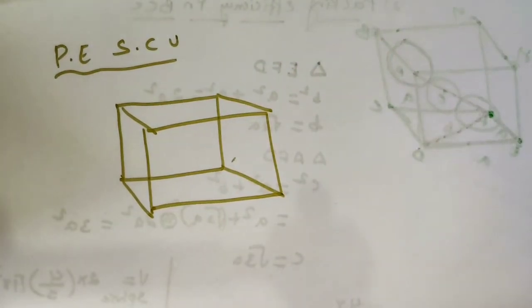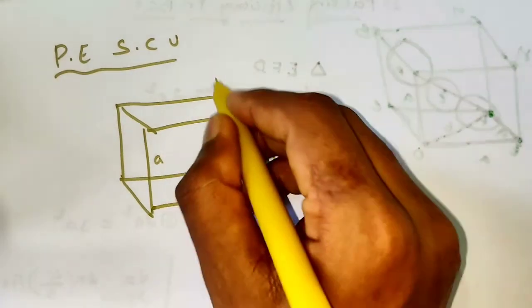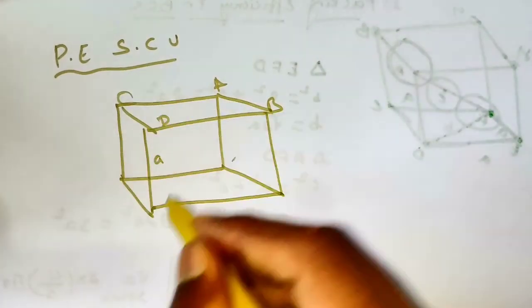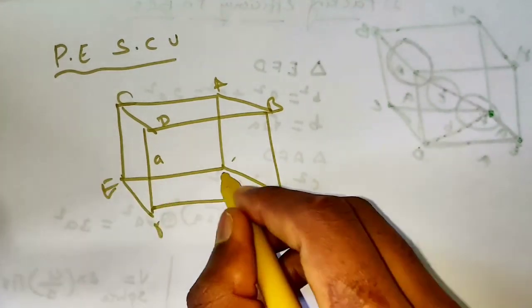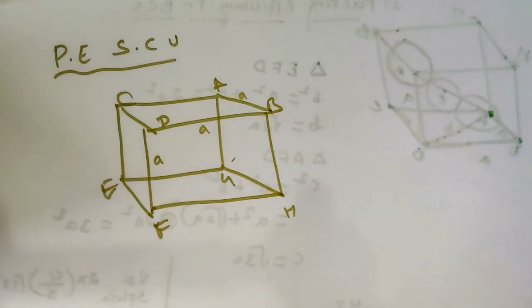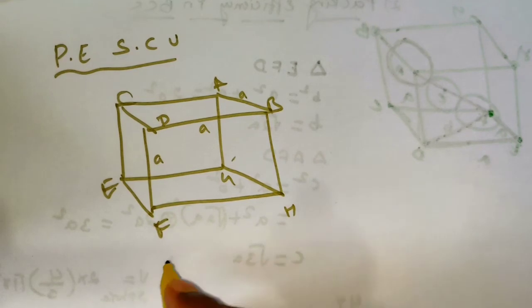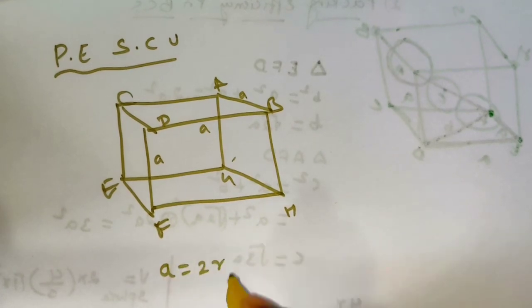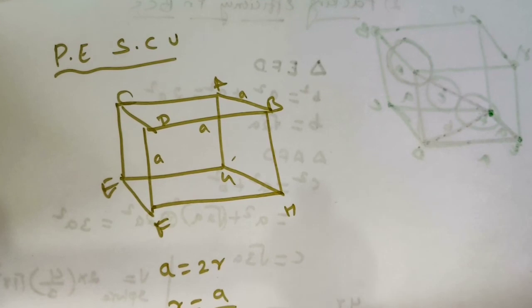There are no extra particles, not like BCC, not like HCP, CCP. So the edge length or side of the cube will be A. Consider atoms A, B, C, D, E, F, G, H. Then this edge length will be A. And the radius of the particles, we can take A is equal to 2R or R is equal to A by 2.